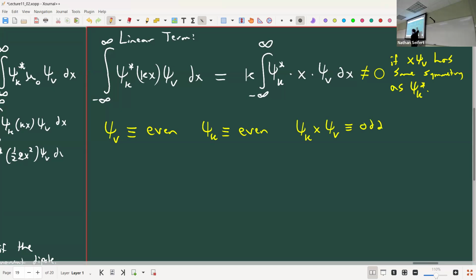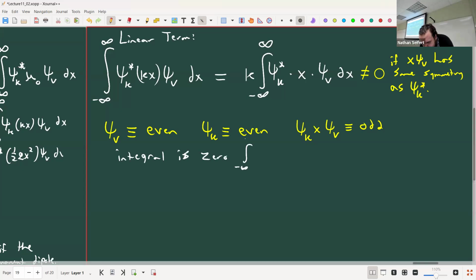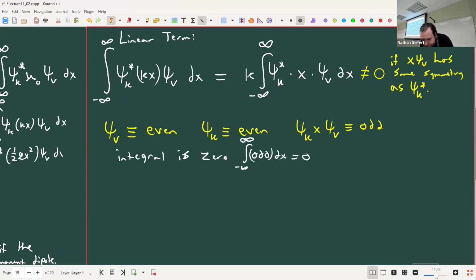So you have even times odd, which is odd. So if this is true, this integral is 0, because you're taking an integral from minus infinity to infinity of an odd function dx, which is 0.